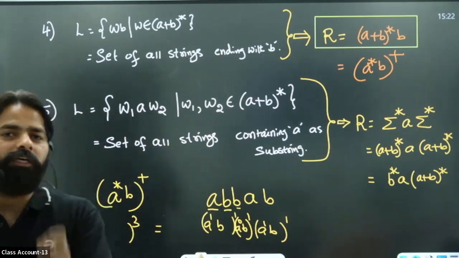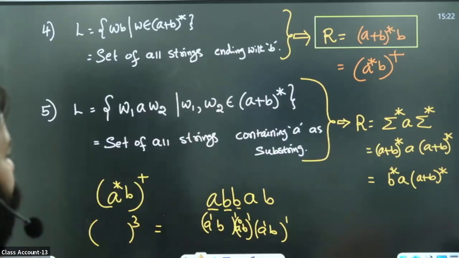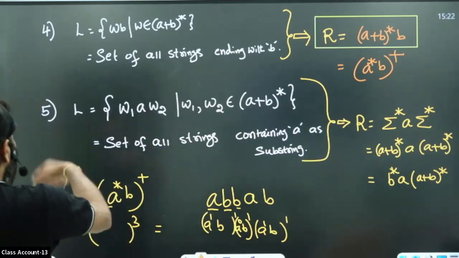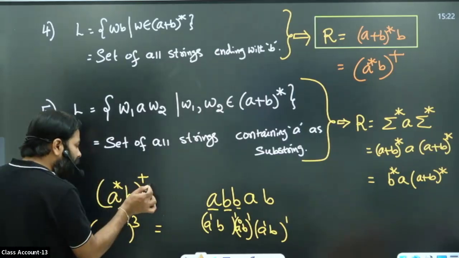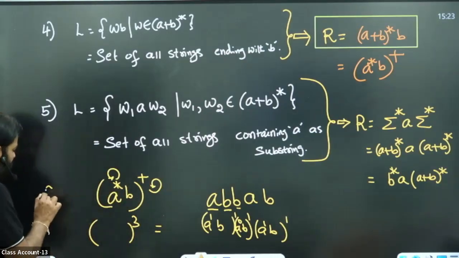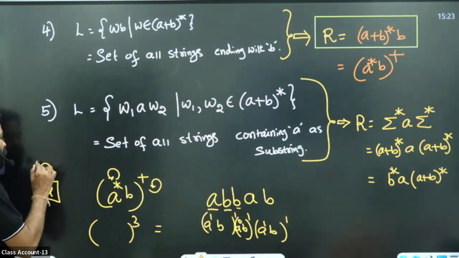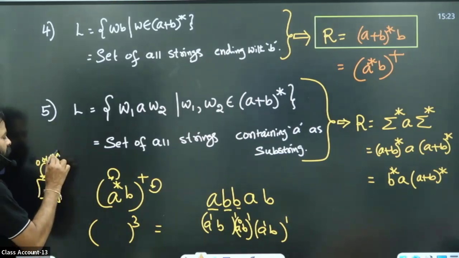You should know how to generate the strings when you have an L star and L plus. Got it? Just practice. Very important. You should know how do I come again and again. This plus means a kind of looping, right? A star means you are repeating 0 or more times.